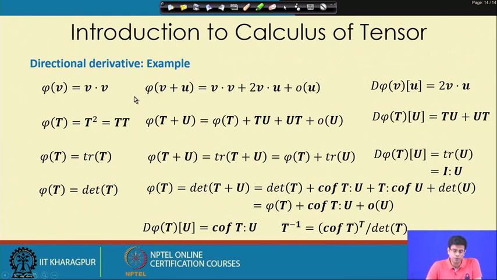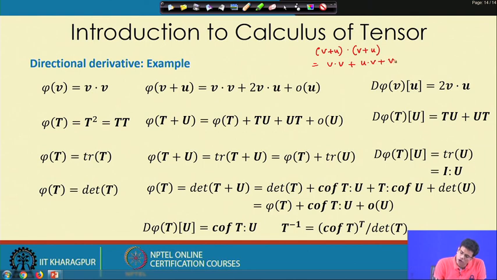Phi of v plus u: you just substitute v plus u in place of v and multiply. So, v plus u dot v plus u gives v dot v plus u dot v plus v dot u plus u dot u.